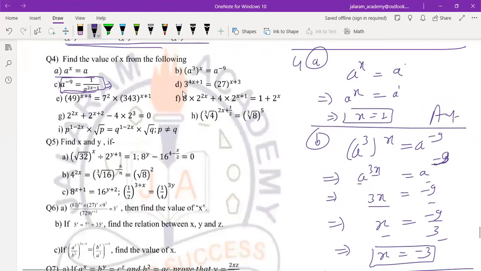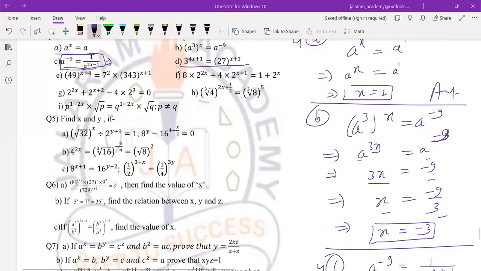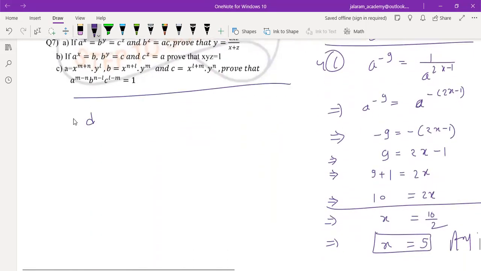4D. 3^(4x + 1) is equal to (27)^(x + 3). Tell again. 3^(4x + 1) is equal to 27 whole to the power x + 3.